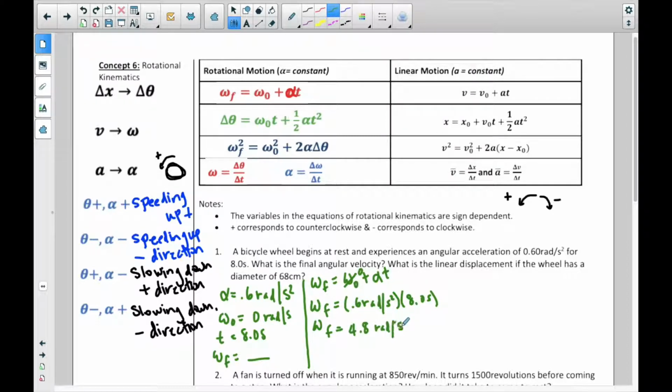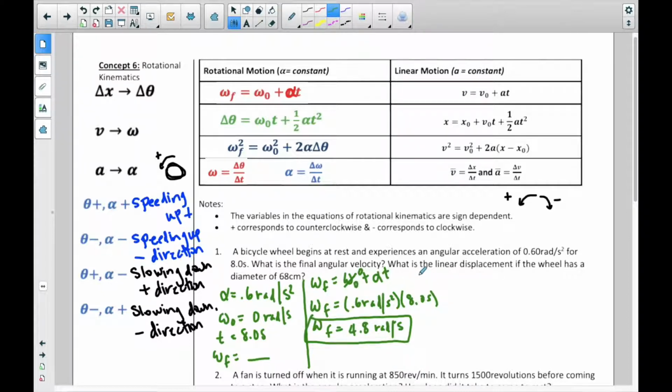I'm sorry, I was pausing because I was looking at my units. With my units, I have radians per second squared times seconds. So that second cancels out one of those seconds, and we get radians per second. So the answer to part A is just 4.8 radians per second.